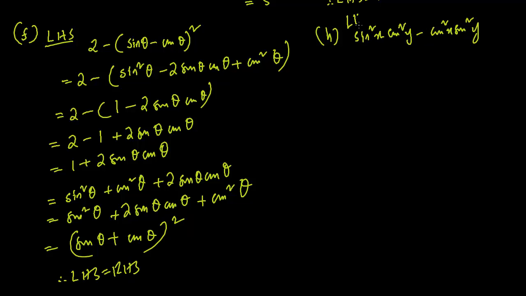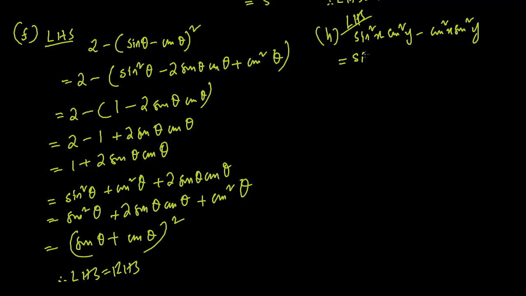So this is the left hand side that we have. The trick with this sum is that we have sine squared y here, and we have cos squared x over here, so we need to convert these. The reason I'm converting everything is that in the question the answer should be only in terms of sine squared x and sine squared y. We have to get rid of cos squared y.